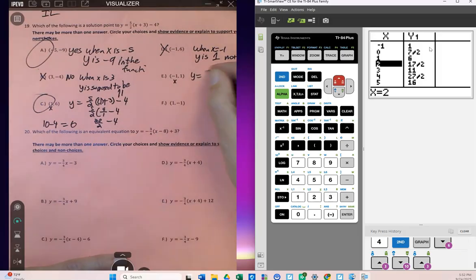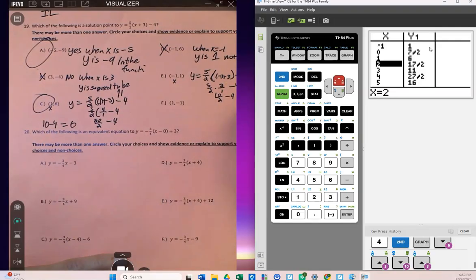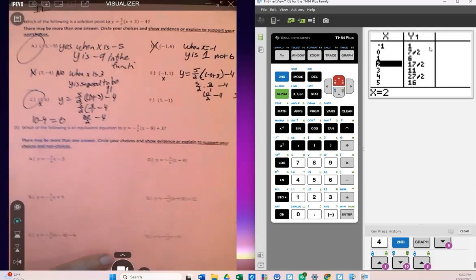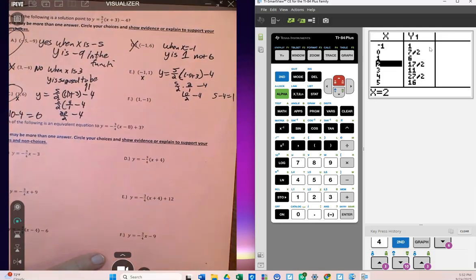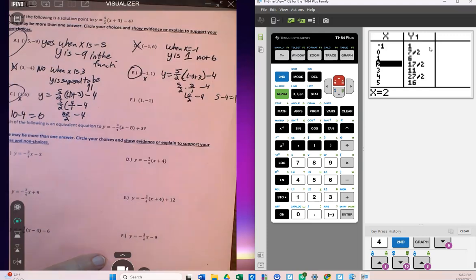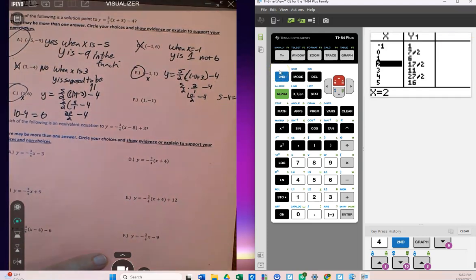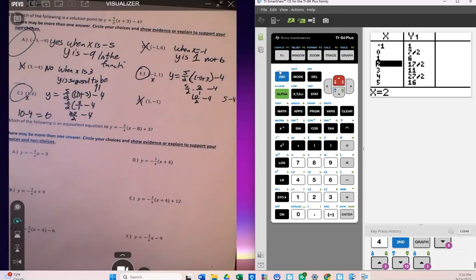Plug that in for x. 5 over 2 times 2 over 1 minus 4, 10 over 2 minus 4, 5 minus 4, 1. You could have done it that way. All right, let's hope one. Nope. Okay. I'm getting tired.